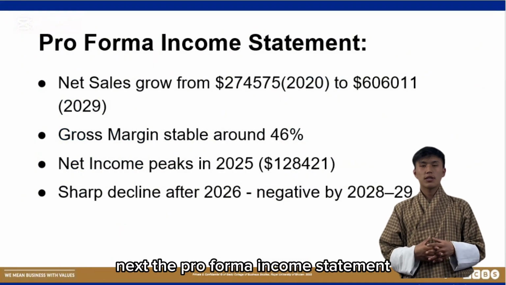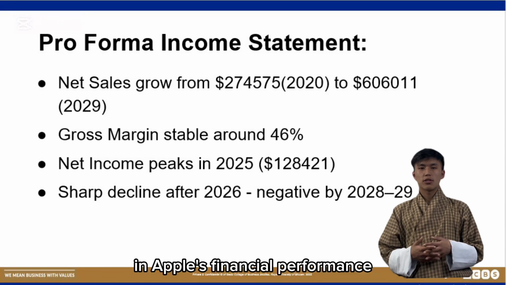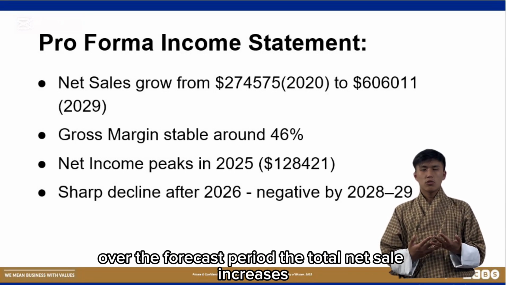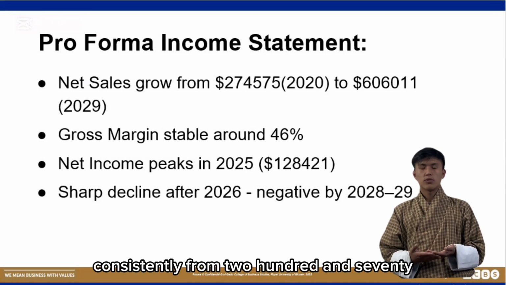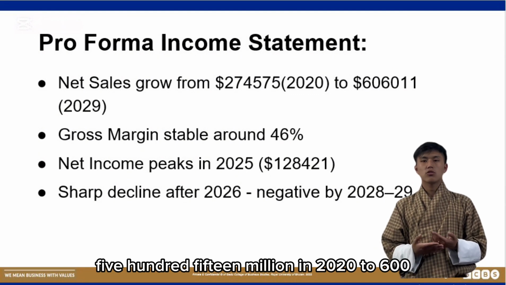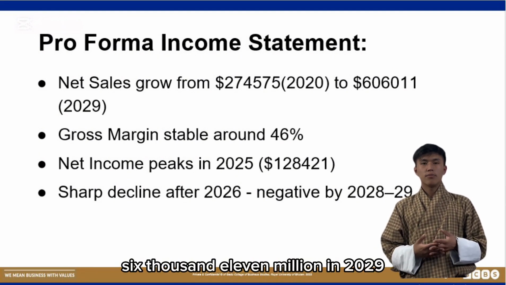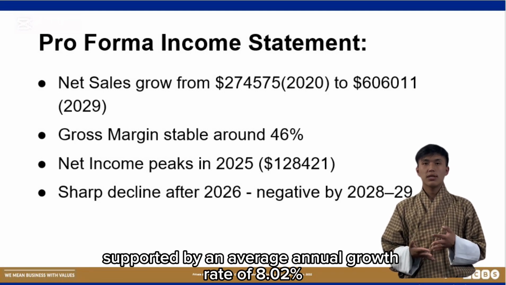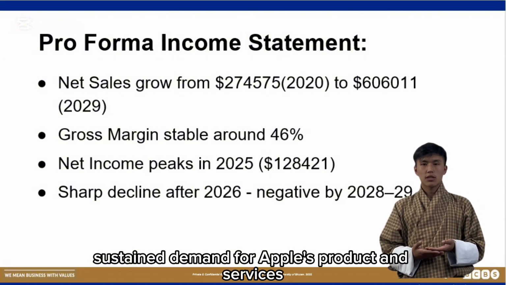Next, the pro forma income statement. The projected income statement indicates steady growth in Apple's financial performance over the forecast period. The total net sales increase consistently from $274,515 million in 2020 to $606,011 million in 2029, supported by an average annual growth rate of 8.02%, reflecting sustained demand for Apple's products and services.